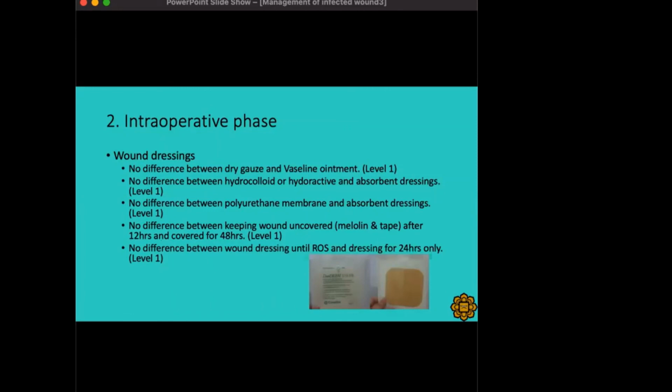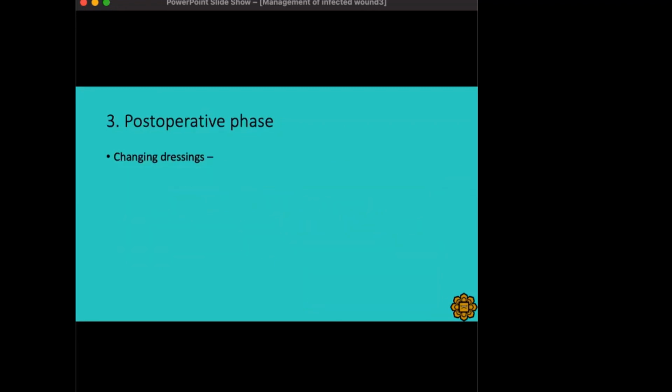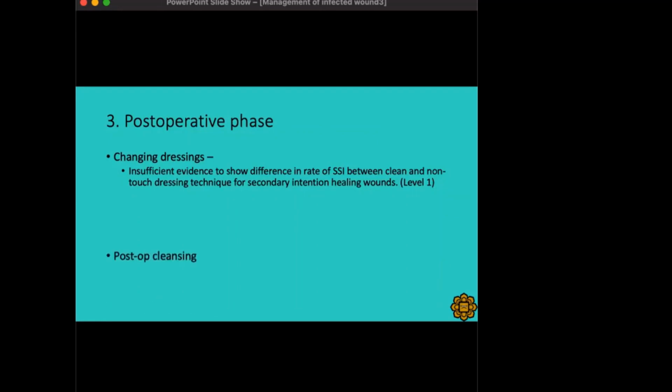And then no difference between wound dressing until removal of sutures and dressing for 24 hours only. So you have the option, if there's no signs of infection, there's no need for you to open the dressing unnecessarily. So you can wait until it's time for removal of sutures. Change of dressing, insufficient evidence to show the rate of SSI between clean and non-touch dressing technique for secondary intention healing wounds.